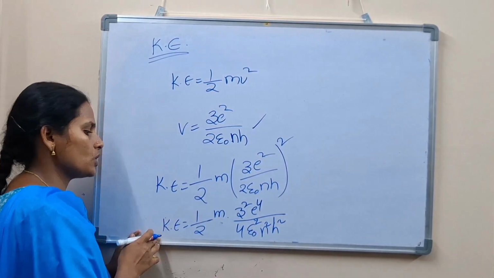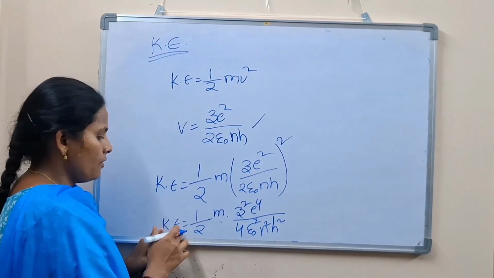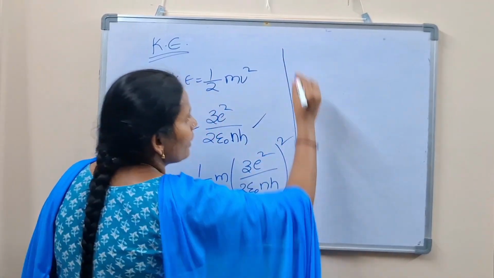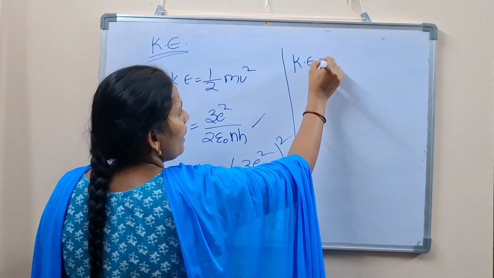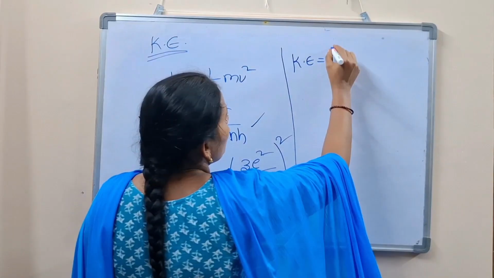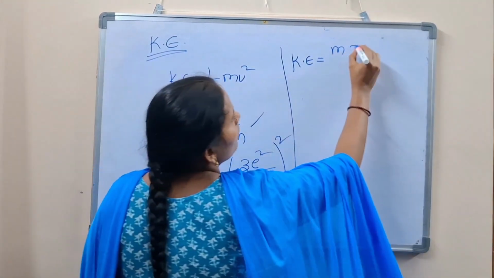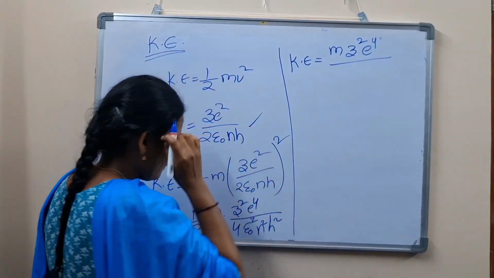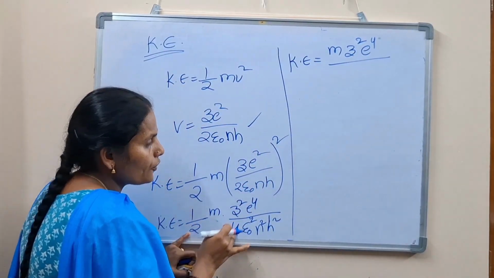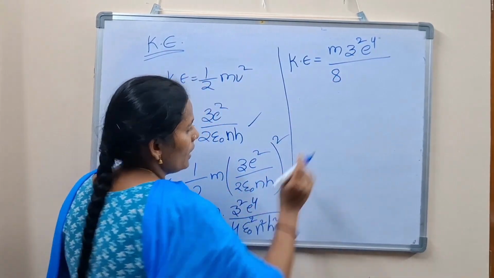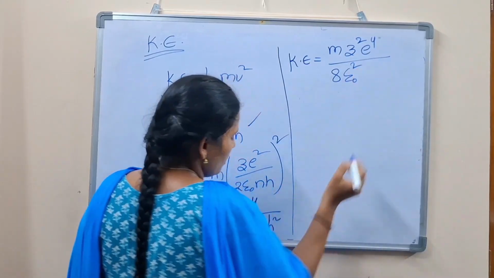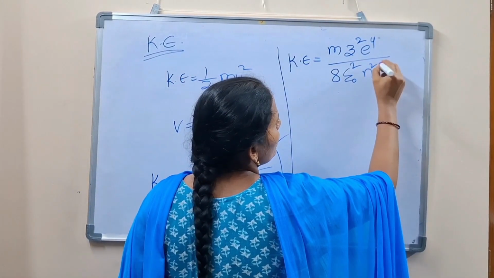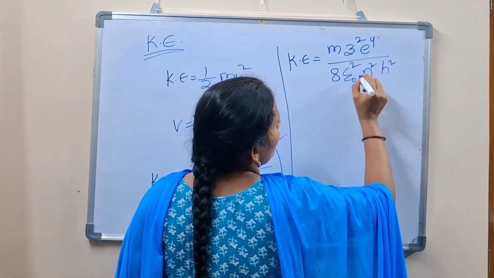Simplifying, kinetic energy equals m Z square e power 4 by 2 4s are 8, into epsilon naught square into n square into h square.